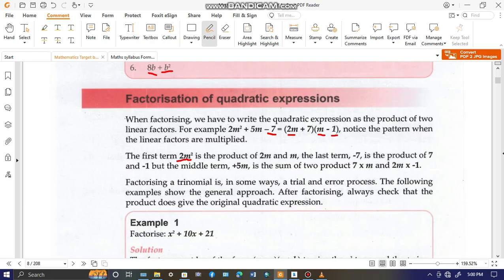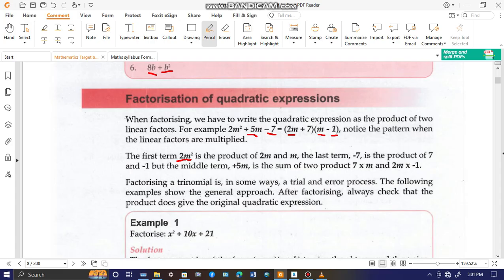The middle term is the sum of the product of 7 times m and 2m times negative 1. What they are trying to say is that the first and last terms are the results of just products. The middle term can only be found if you combine two products through addition. So if you multiply 7 times m and then add 2m times negative 1, it will give you the middle term 5m.